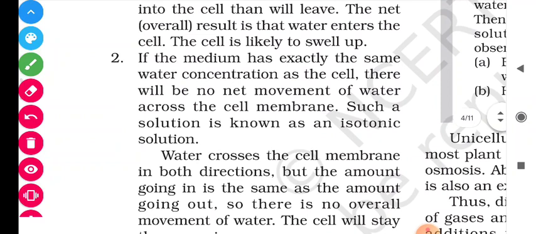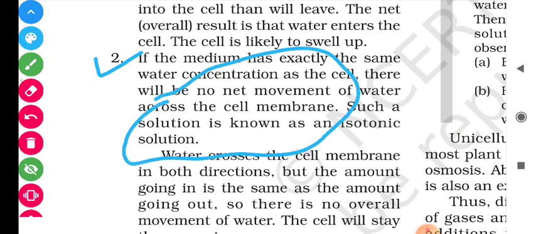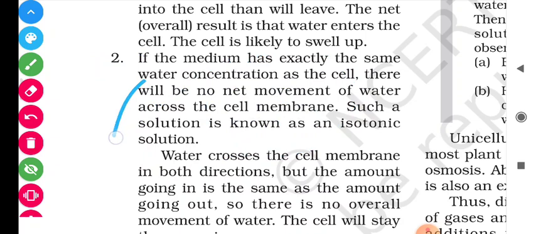Next, if the medium has exactly the same water concentration as the cell, what will be the next situation? If the medium has exactly the same water concentration as the cell, what are they trying to tell? The H2O amount is 50%.